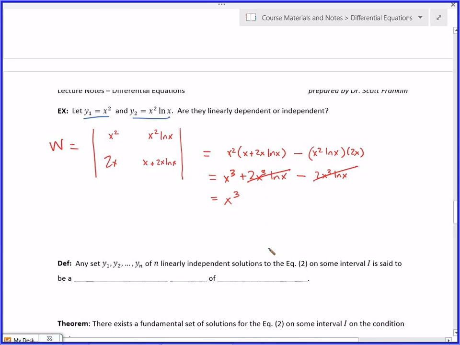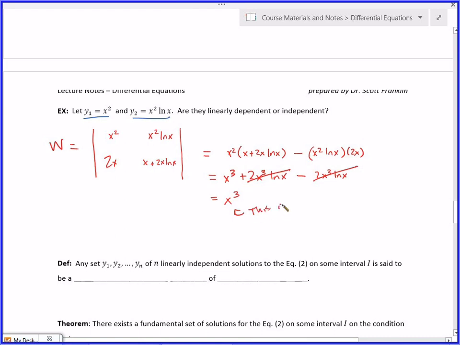Now, what can we say about whether or not these are linearly dependent or independent? Can this ever be 0? Yes, if x is 0. So it would be dependent on any interval containing 0, and independent on any interval not containing 0.